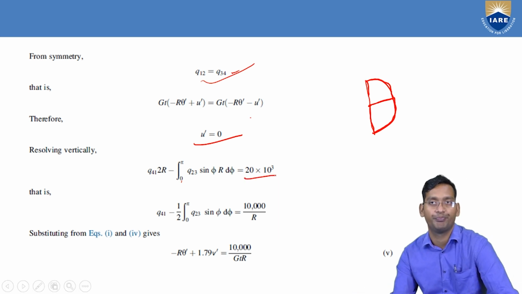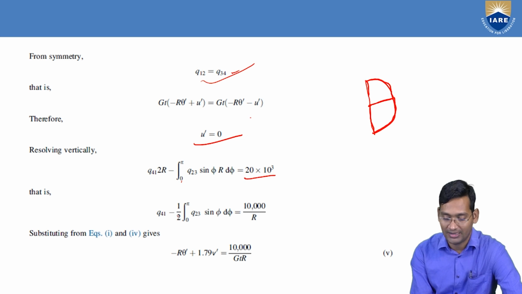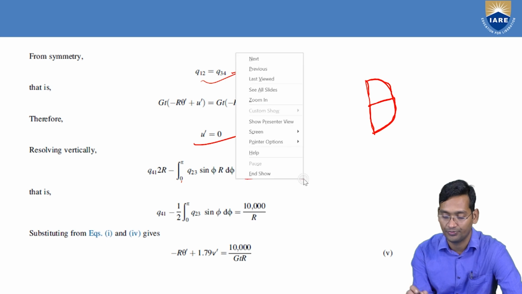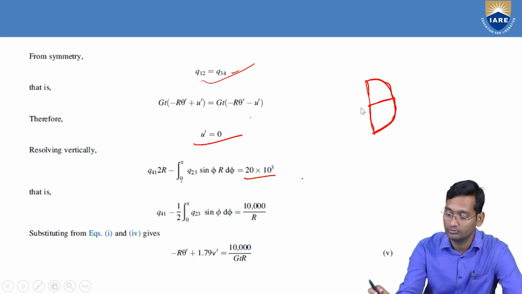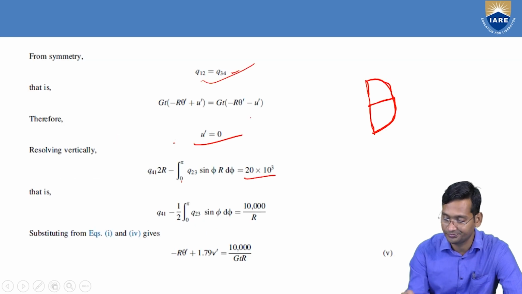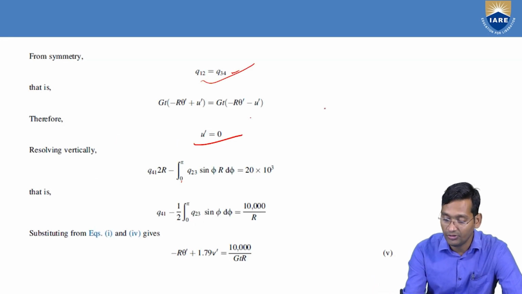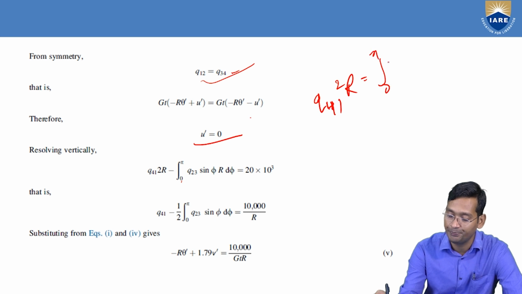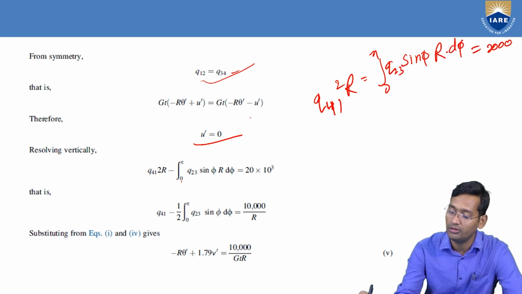It's given. So now q41, after simplifying, this 2 is divided to this side. So what we have: q41 into 2r minus the integral of 0 to pi q23 sin phi into r d phi equals 20,000.